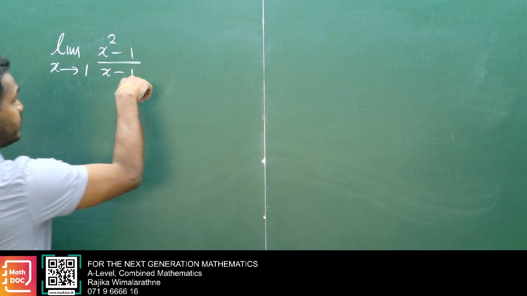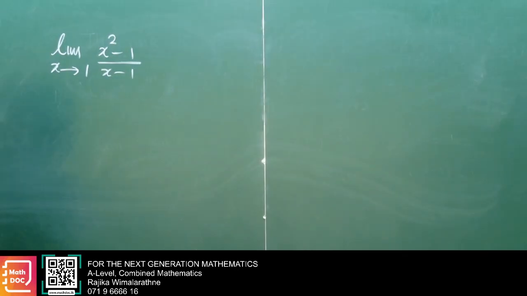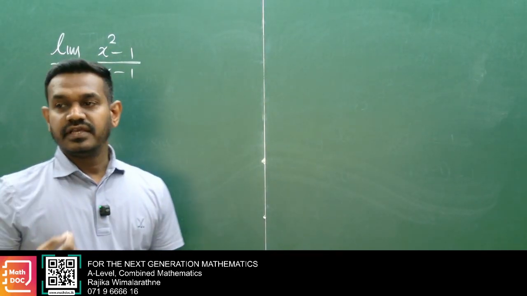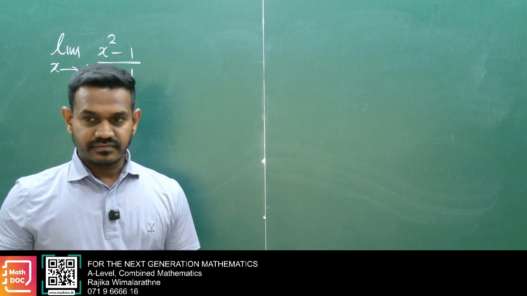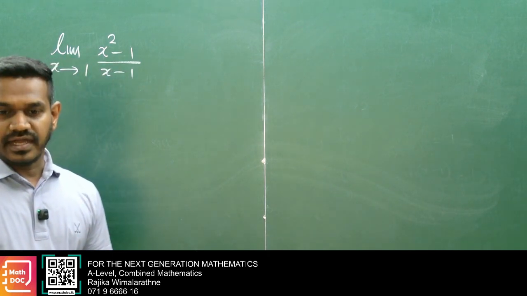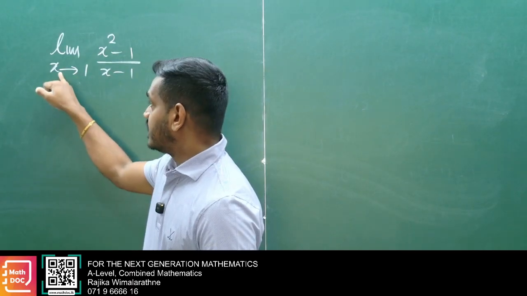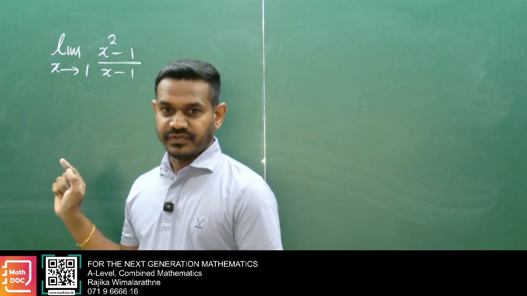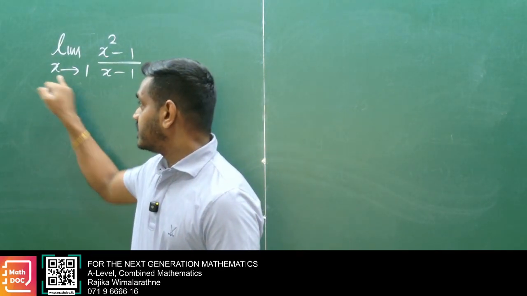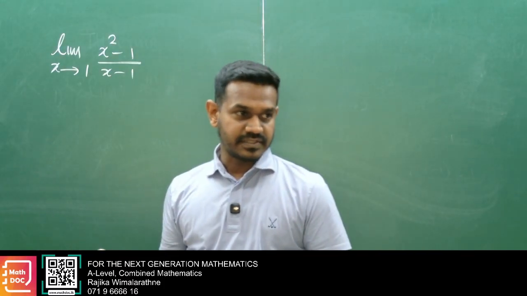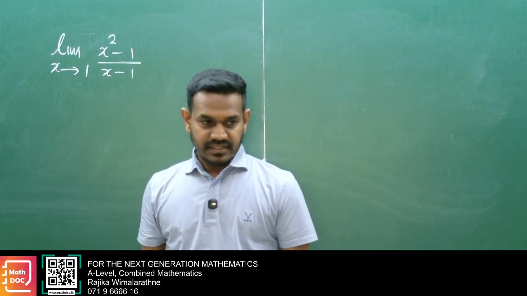In such a case you need to remove the common factor. The factor can be identified. When you put 1 in the other side, the result will be x minus 1. That is the common factor.